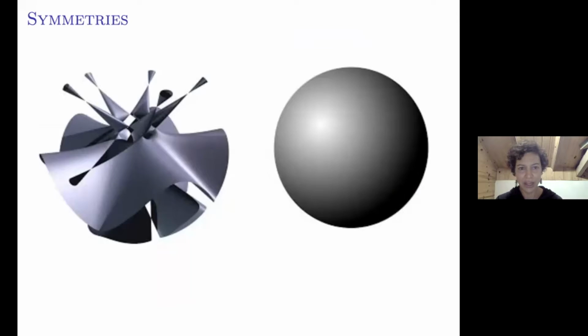I have here 2 pictures of algebraic varieties, and you can guess that the one to the left has a finite group of symmetries, while the second one, the sphere, has much more symmetries. So we are going to be looking at this type of symmetries in geometry. And in algebraic geometry, there are a few notions of symmetries that are interesting.